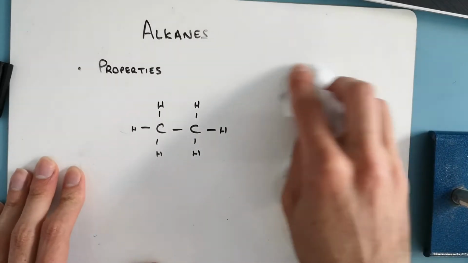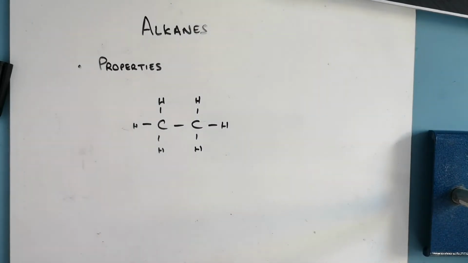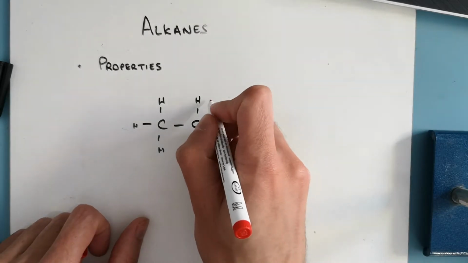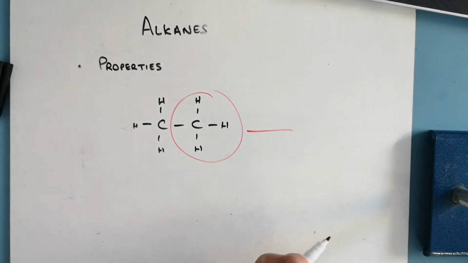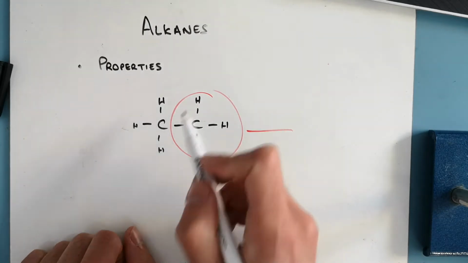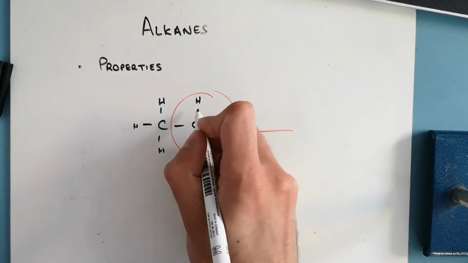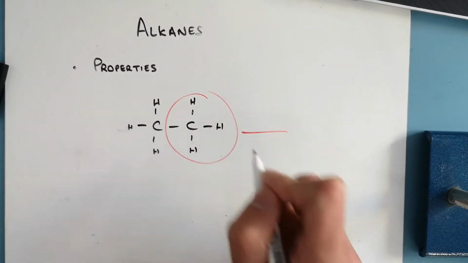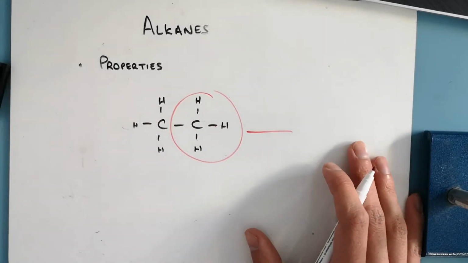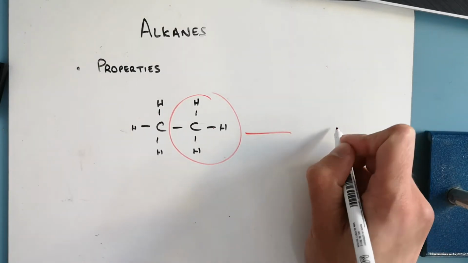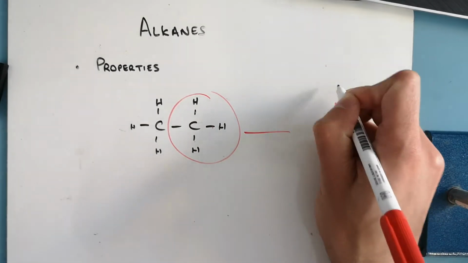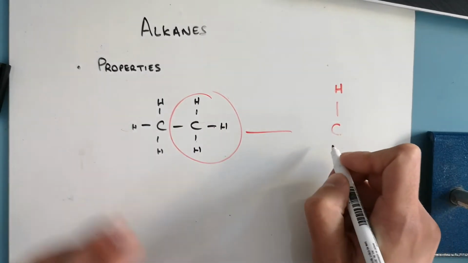Now the shape of this bond, if we just look at this carbon here and have a look, although I've drawn it here as if it's square planar, it's actually got a 3D structure. Now there are 4 bonded pairs and 0 lone pairs of electrons around that carbon, which makes it tetrahedral. So we'd have our carbon to a hydrogen.